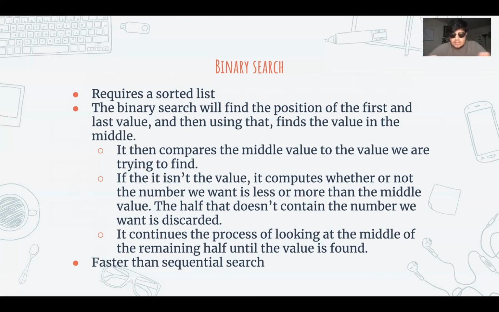So it eliminates, just like in the previous comparison, half of our data set. And it continues doing that until it fails if it can't find the value, or until it does find the value. And this is generally faster than sequential search.